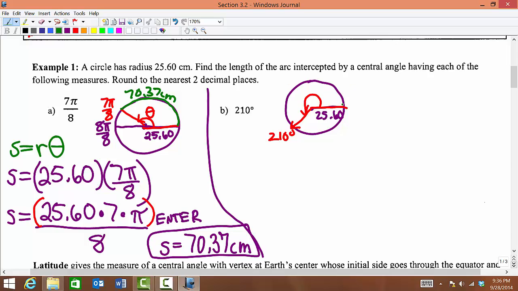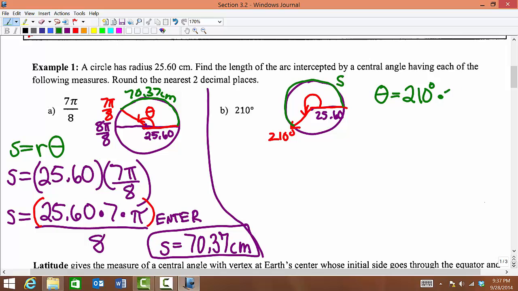We want to know the arc length that's measured off by that angle, 210 degrees. So this is what we're looking for. Here, our angle is given to us in degrees, and in order for us to use the formula, it must be in radians. So let's remind ourselves what the conversion is.